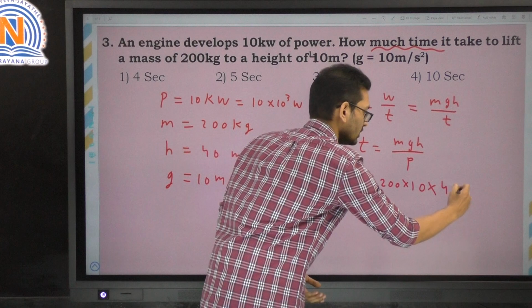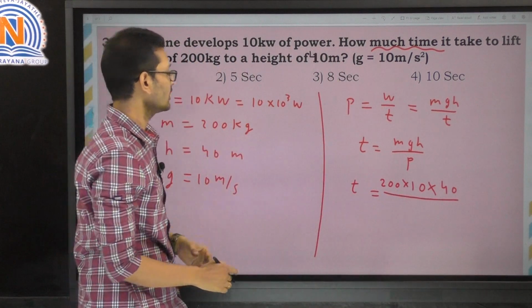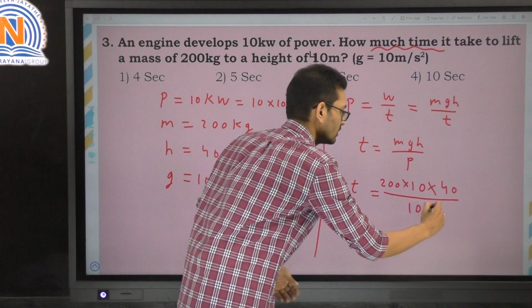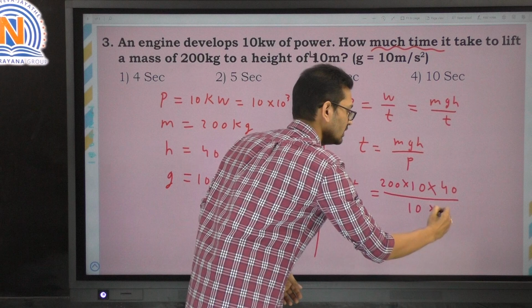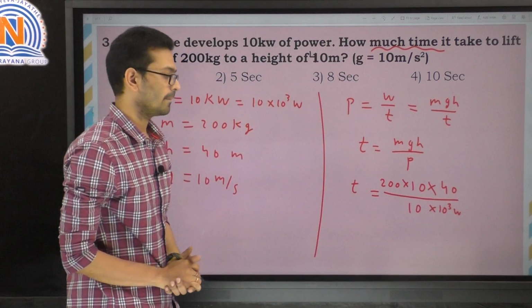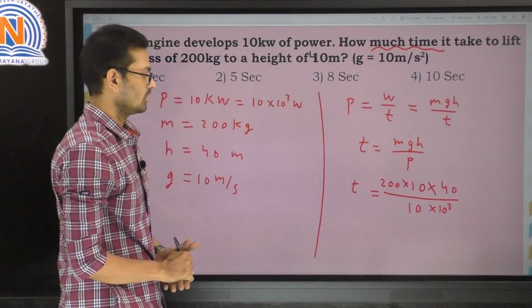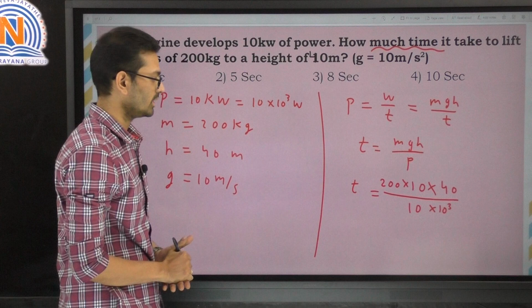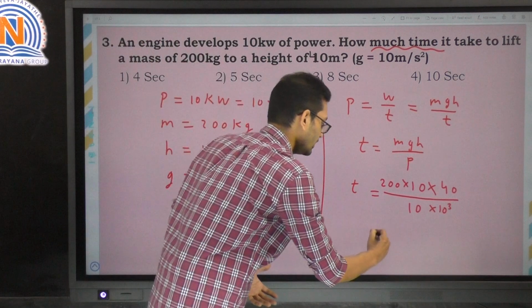So 40 by power, how much they gave? 10 kilowatt. So 10 kilowatt, I am going to write it as 10 into 10 power 3 watt. I will convert it into SI. Okay, converted it into SI. Now let me see how much you will be getting if you solve this.